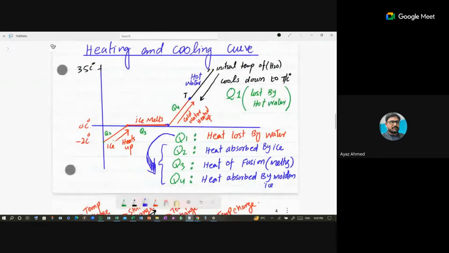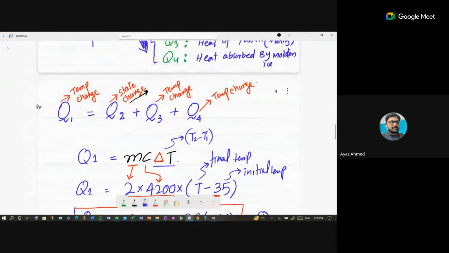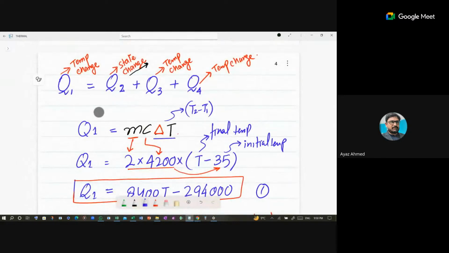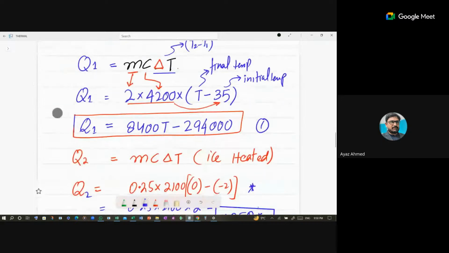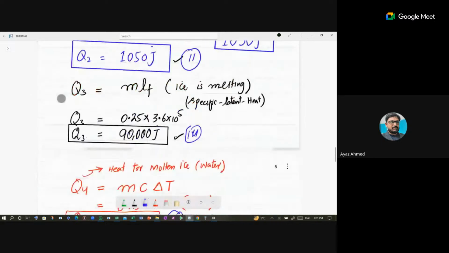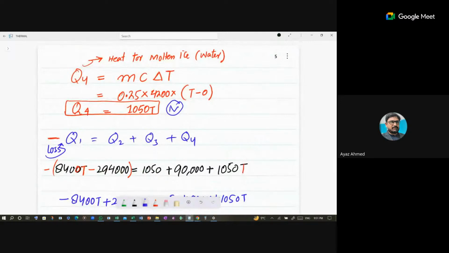That's why it took some time. Otherwise, in an exam, you have to start right from here and carry on. And one thing I missed, you are not supposed to miss: the negative sign where the heat is being lost. Okay, is this all clear to all of you?